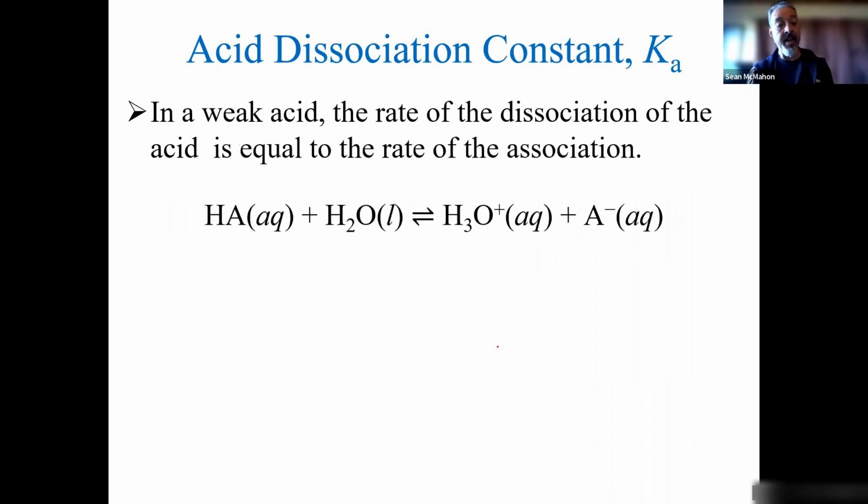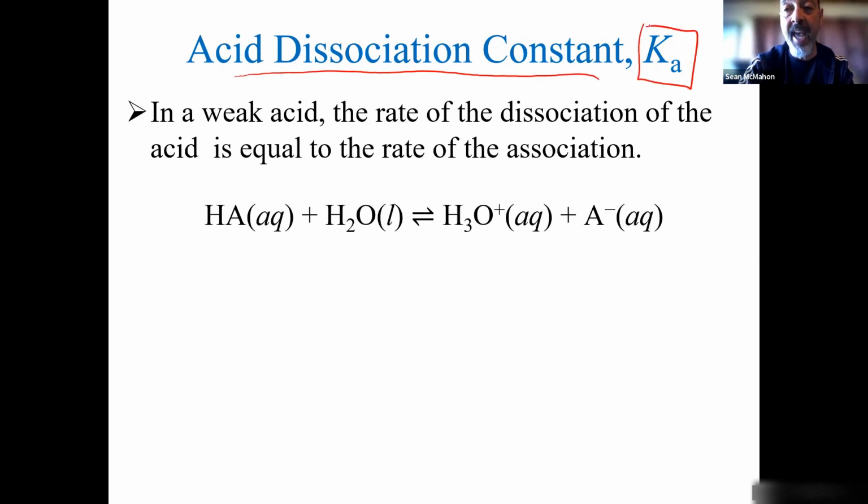But really a nice way to measure strength, rather than think of it qualitatively, because qualitatively we could just say there's 6 strong acids, all the rest are weak. There's 6 strong bases, all the rest are weak. We could actually use an acid dissociation constant, which we refer to as Ka, the A for acid dissociation.